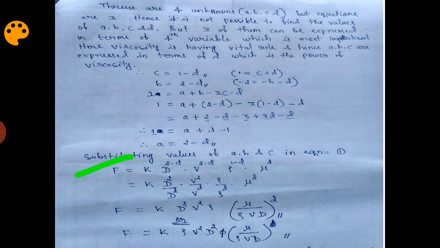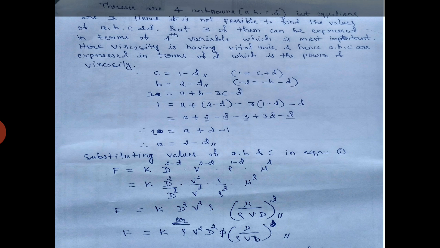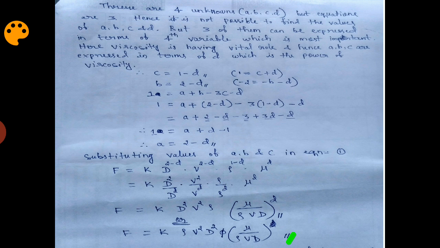So take out the raised to d terms in this bracket and the remaining terms on the other side. On simplification we'll get an equation like this. This is how we can solve a problem which has 4 independent variables and 1 dependent variable. Okay, thank you.